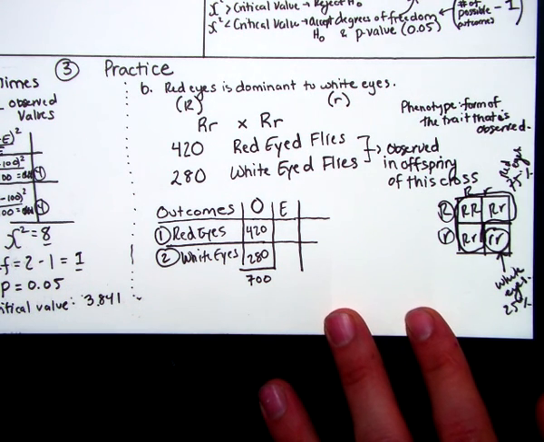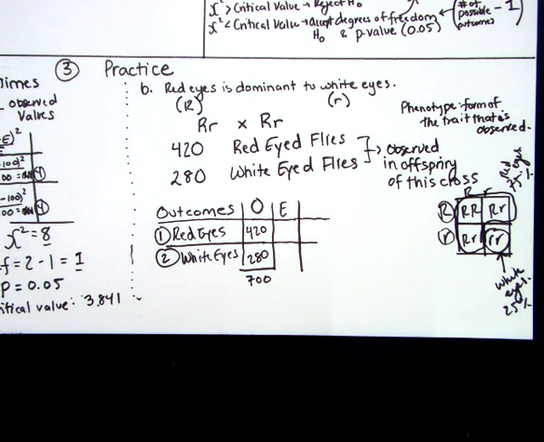So we can actually use that same strategy that Cindy was talking about. We're going to add up those values to determine we have 700 flies, and we're going to multiply that total by the specific percentage that we'd expect, right?